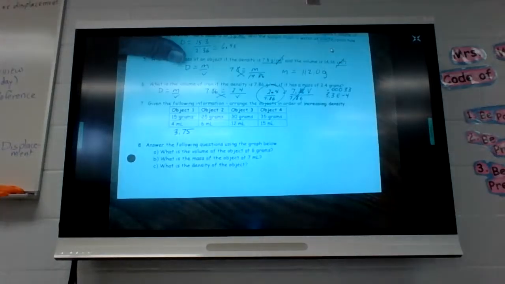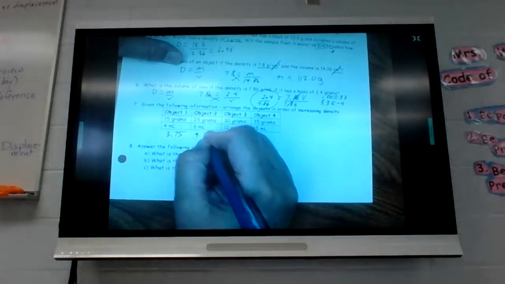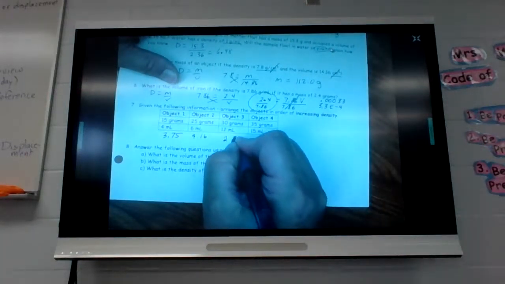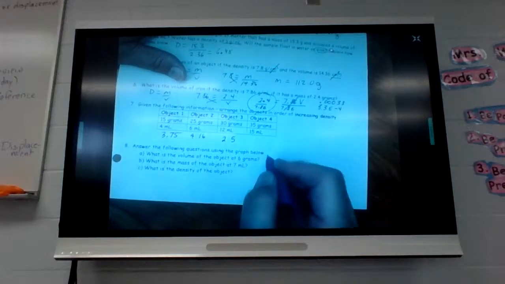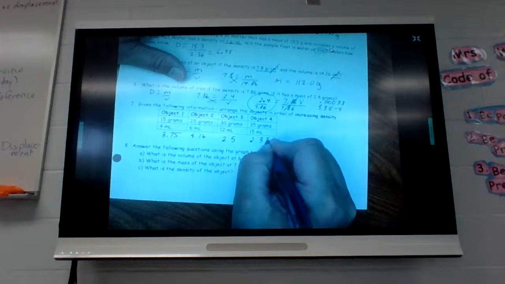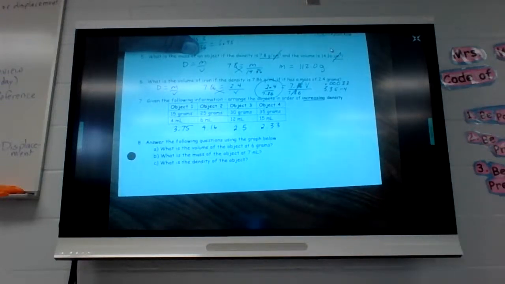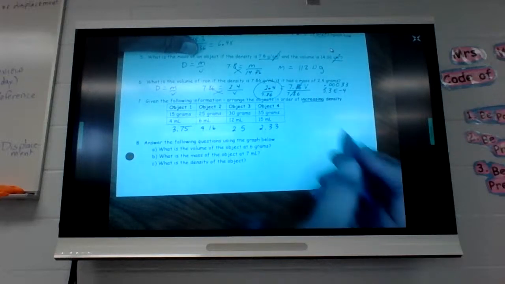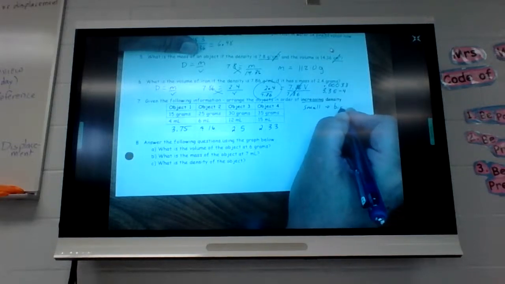All right, 25 divided by 6, okay, 30 divided by 12, and 35 divided by 15, okay? So increasing means what? So smallest to biggest, okay? So we're going from smallest to the biggest.